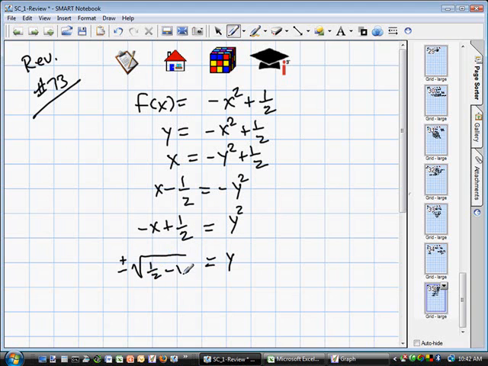I'm just rewriting this negative x plus 1/2 as 1/2 minus x. Okay, now that's not a function, but it certainly is an inverse. So we have arrived.